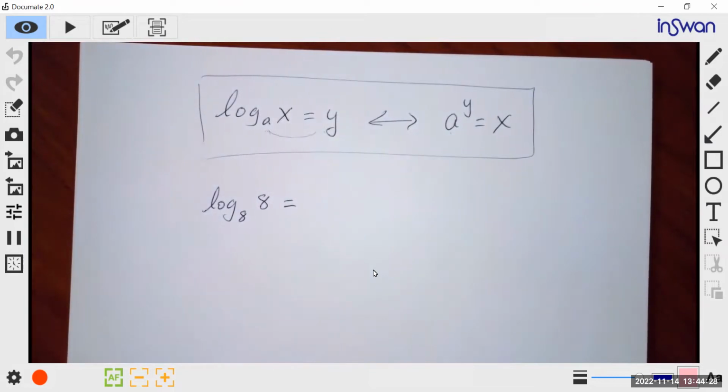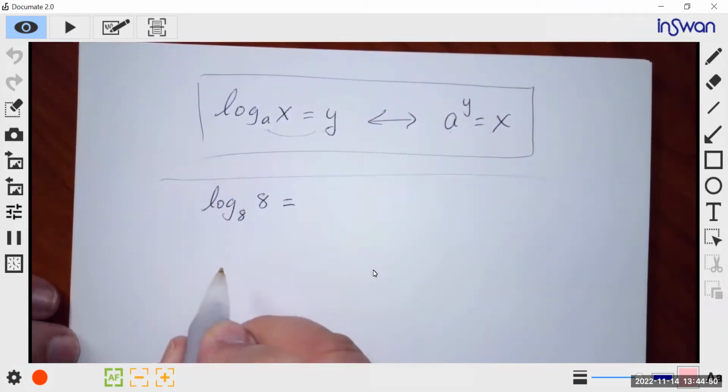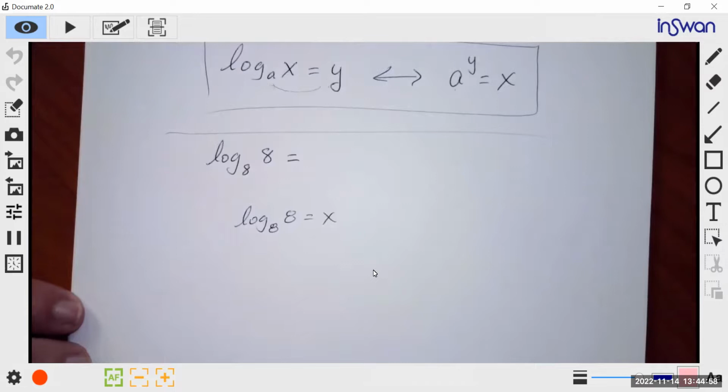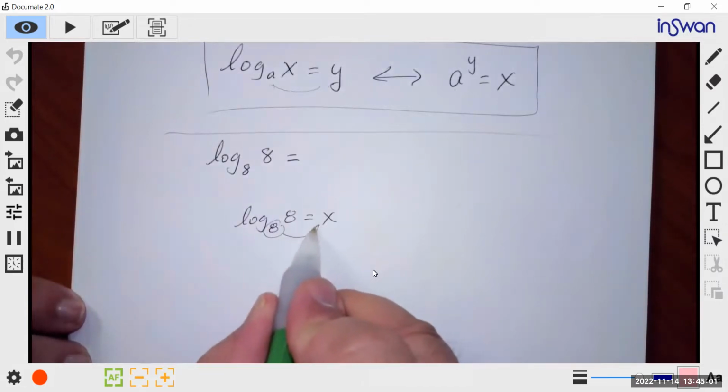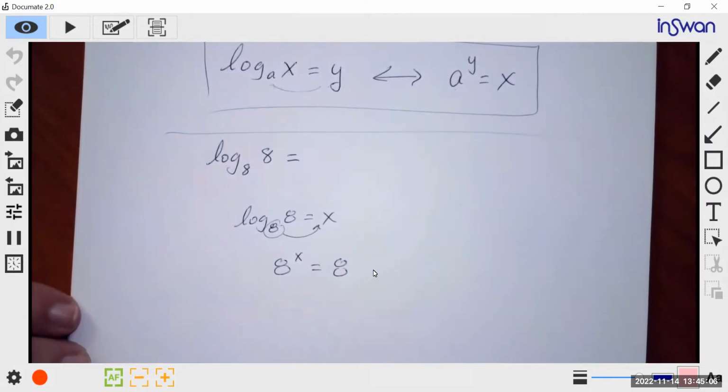How about this one? Log base 8 of A. Again, we don't know what it equals, so we just set it equal to something, X. Take the base, push it up, and the log drops off.